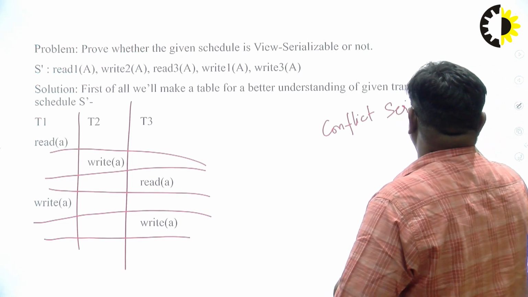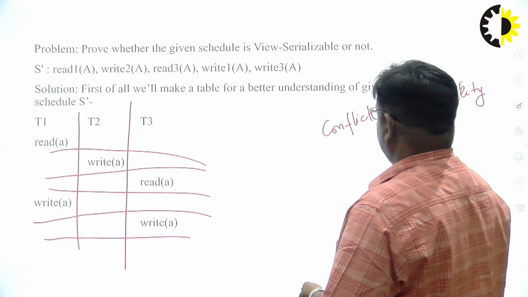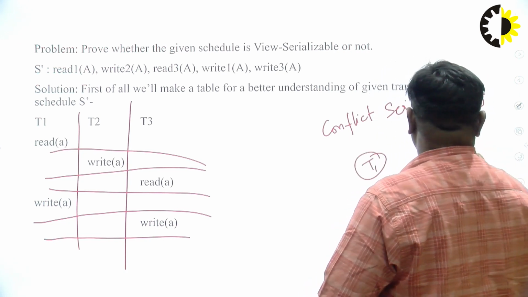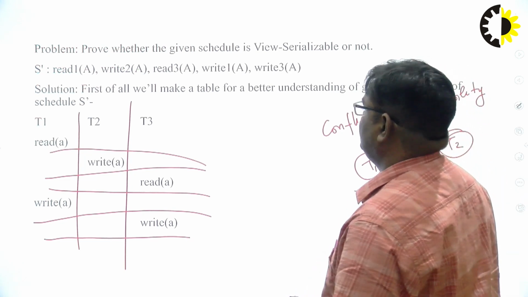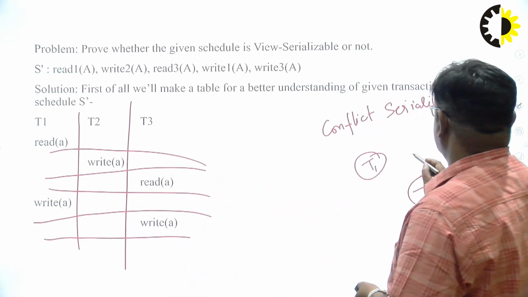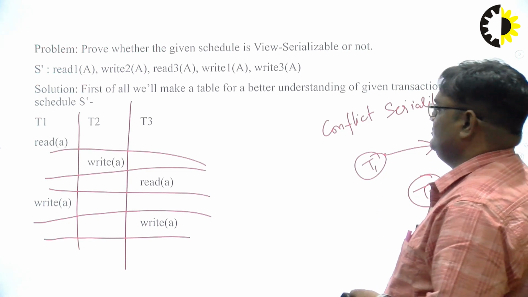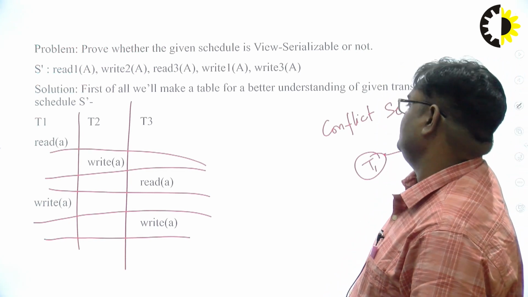serializability. We have to make a graph T1, T2, T3. So read and write operations: T1 read, T1 to T2, there is an arrow, and T1 to T3 also.